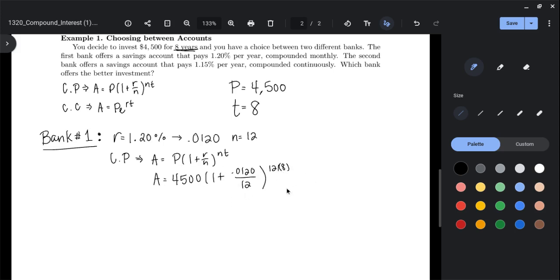And so if I were to compute this and put this in my scientific calculator, we would get a value of approximately $4,953.18. So this is our total after 8 years.